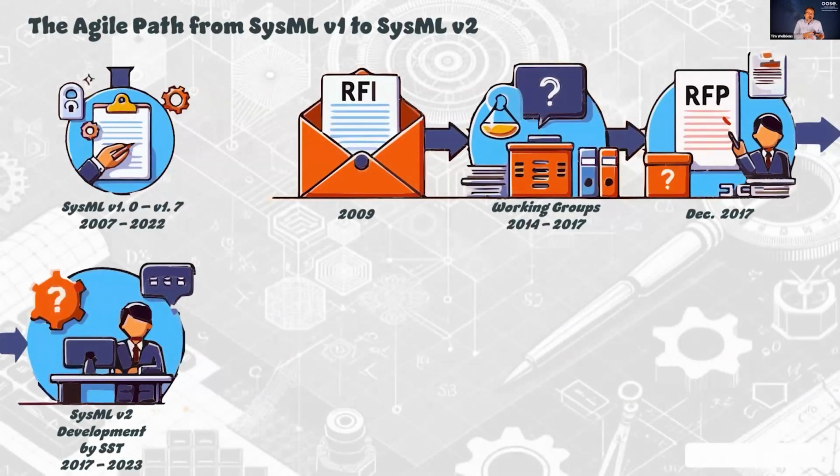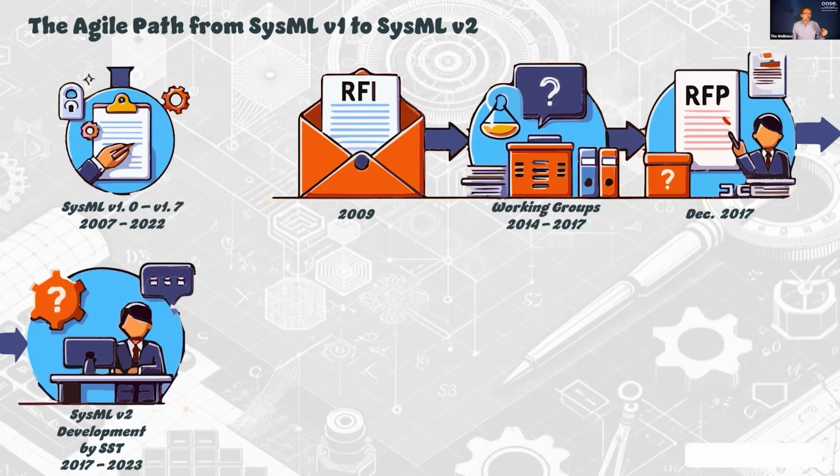So the SysML version 1.0 was published in 2007. And the latest and last version, SysML 1.7, was published in 2022. And already in 2009, so 2 years after the publication of SysML version 1, the OMG published a so-called request for information, which is a questionnaire to the industry to ask the people, how do you like SysML v1?